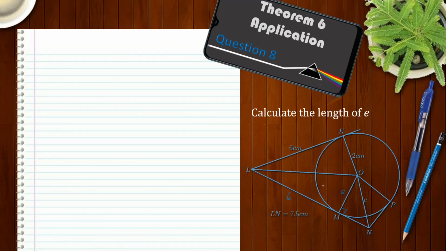So I'm going to start over here and say, okay, LM is equal to 6 because it's tangents from the same point. Okay. Then I'm going to say that OM is also 2. And that is the radii.